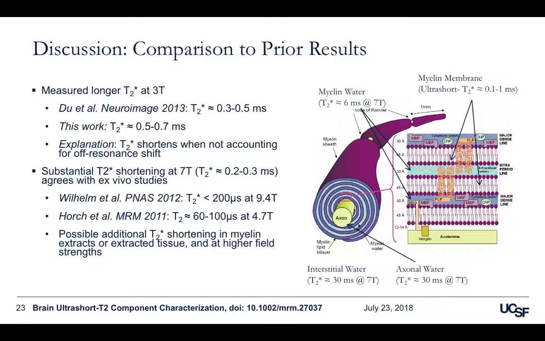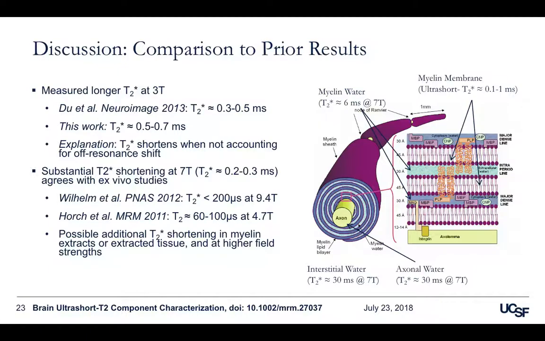In comparison to prior work, we measured slightly longer T2 stars than some prior work, and a possible explanation is that T2 star, if you assume no off-resonance frequency shift, will give you a shorter value than if you actually incorporate the off-resonance shift when you're measuring T2 star.